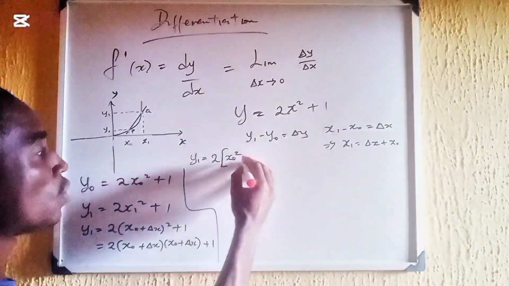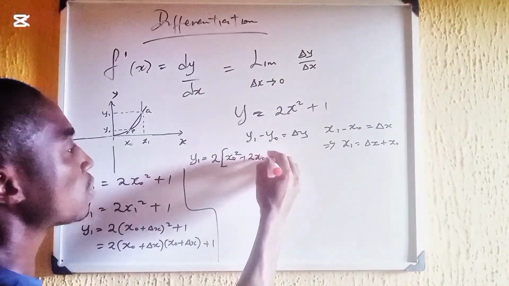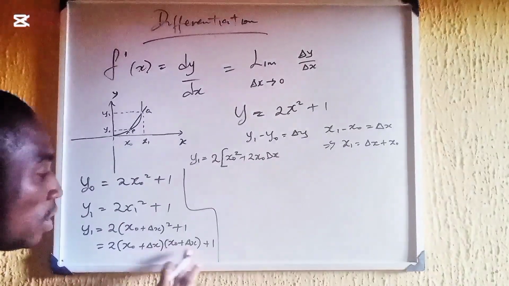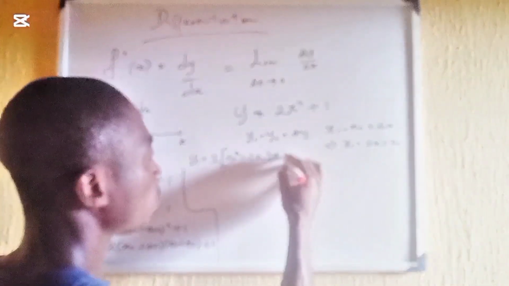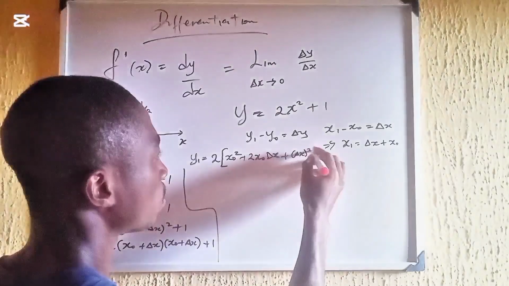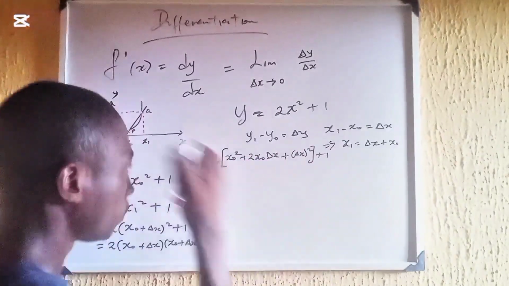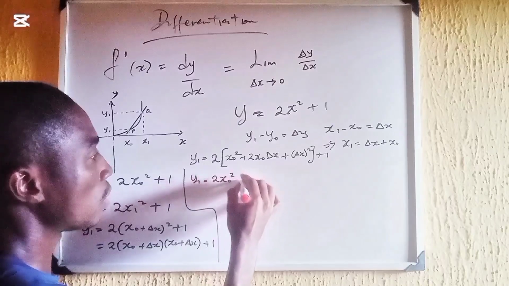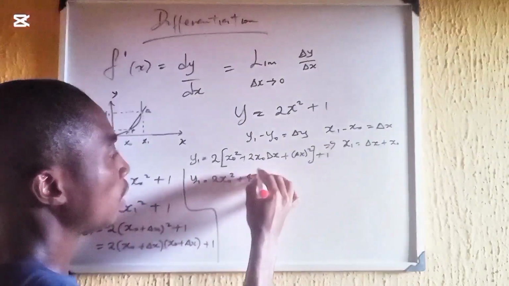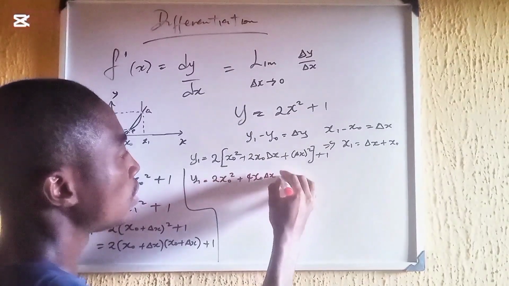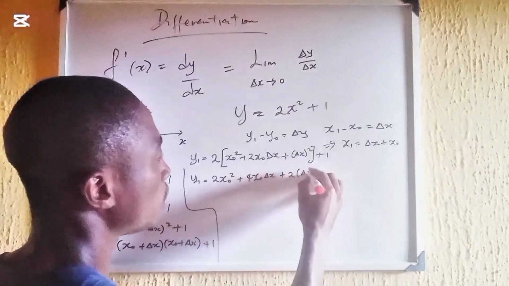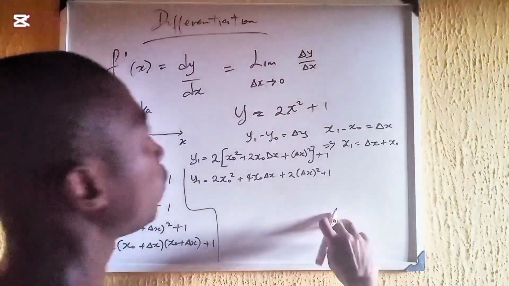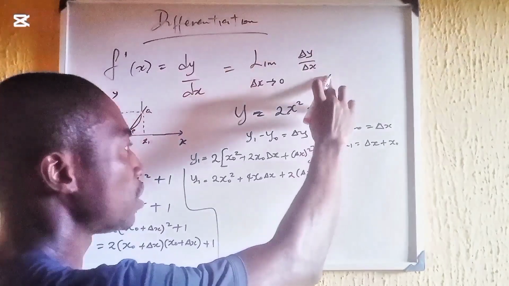When we multiply by the 2, we'll have 2x0 change in x. Then change in x times change in x, plus change in x squared, then plus 1. So y1 is equal to 2x0 squared plus 4x0 change in x plus 2 into change in x squared plus 1.